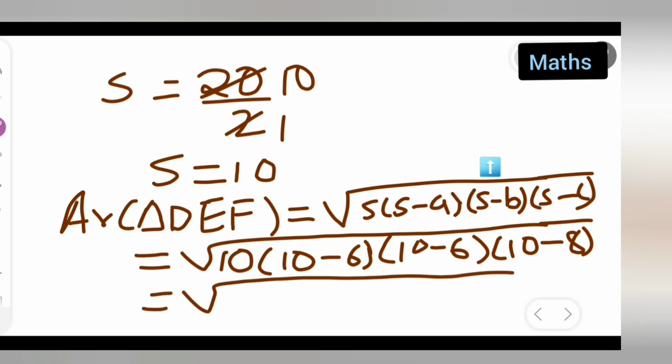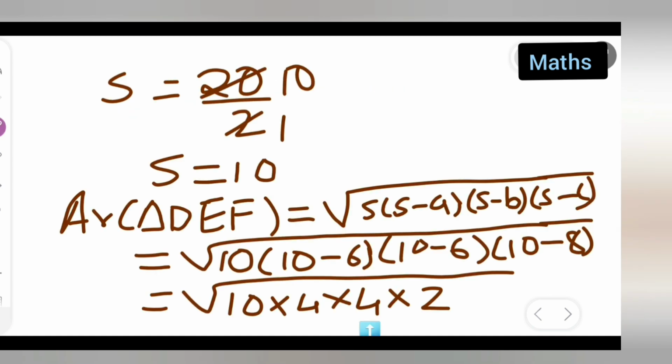So here what we are going to get? Put the square root. 10 multiplied by 10 minus 6 is nothing but 4. 10 minus 6 is nothing but 4. Multiplied by 10 minus 8 will give you 2. So next we have to take this 4 common outside. It is in pairs. So write this 4 outside the bracket.